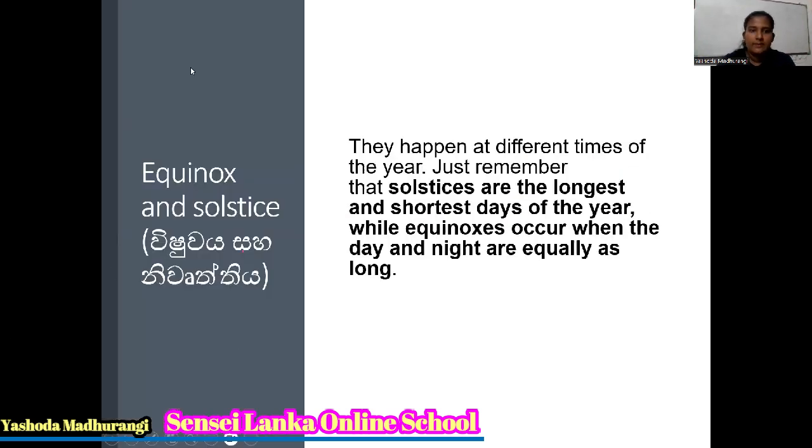Look at this. Equinox and solstice. They happen at different times of the year. Just remember that solstices are the longest and shortest days of the year, while equinoxes occur when the day and night are equally as long.